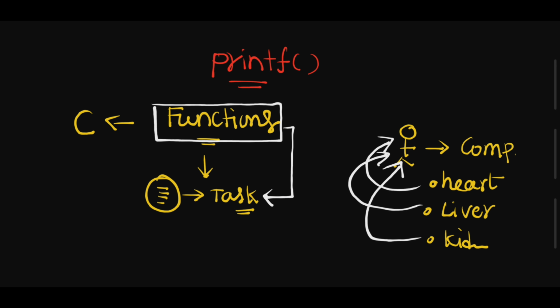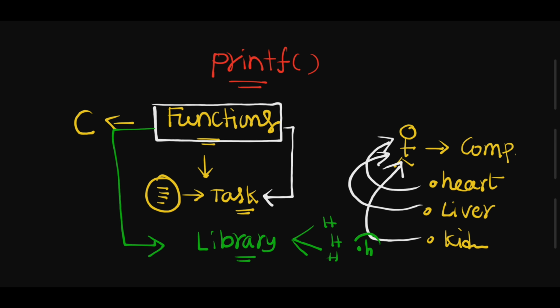All these functions are defined in one area, and that area we can call a library. In a library we have different types of header files, and each header file is associated with the .h extension.